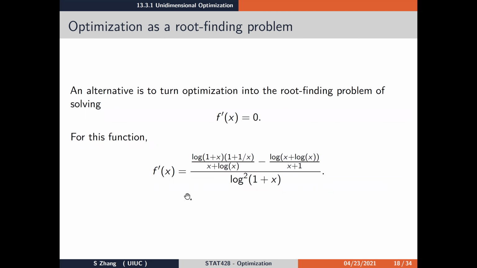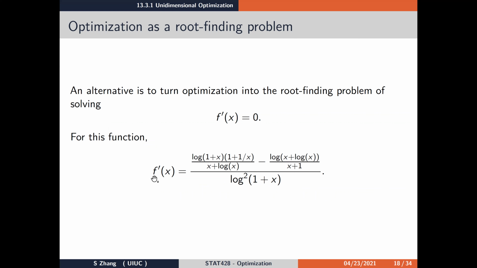So what alternatives do we have aside from grid search? Well, an alternative is to turn optimization into the root finding problem of solving f prime of x equal to 0. In other words, we're no longer finding the optimum of the function, but instead finding when its derivative is equal to 0.